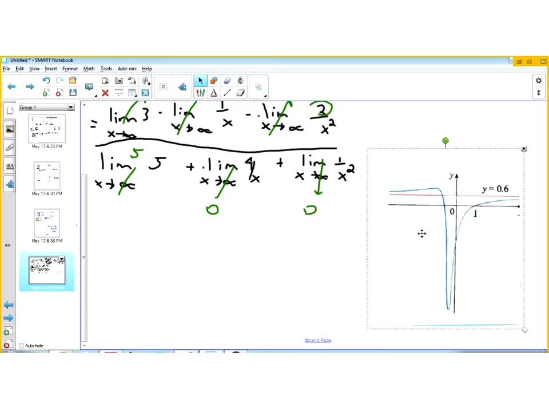And as you can see, the function crosses the horizontal asymptote y equals 3/5 once. Right here, you can see it. But in either case, as x approaches minus infinity, the output seeks to 3/5, and as x approaches plus infinity, the output seeks to 3/5, and it happens to cross. So here's the asymptotic behavior of this function.